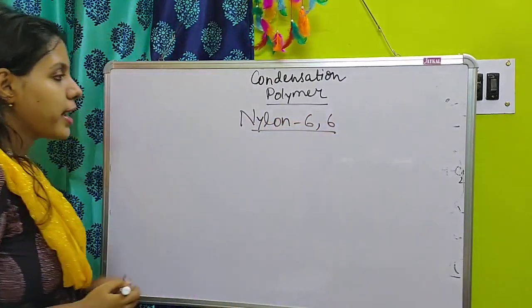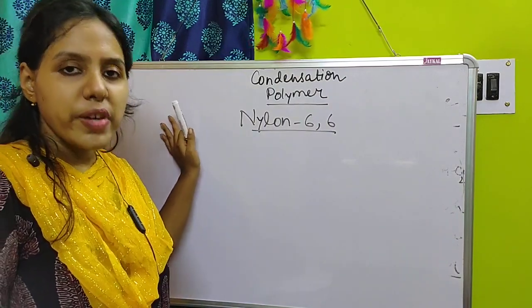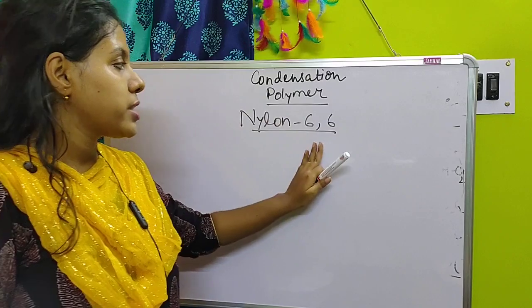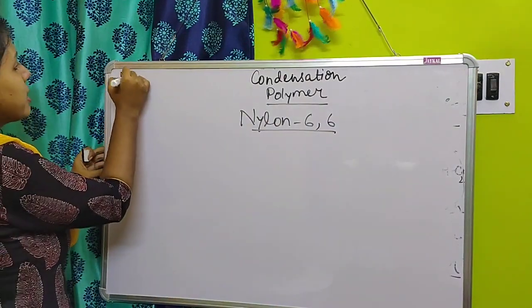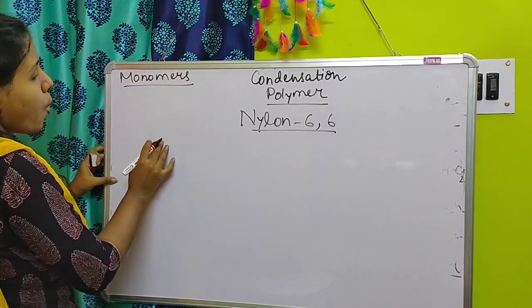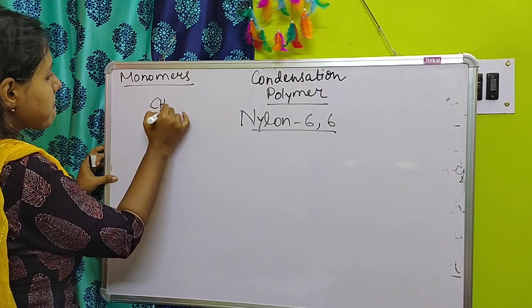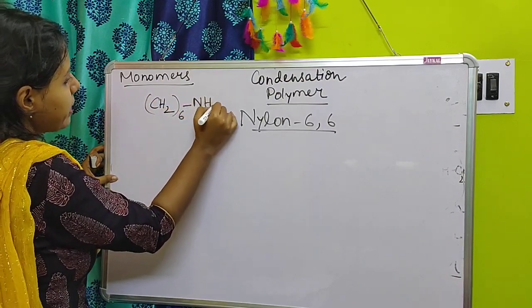Very important. First I am describing the monomers, and then I will tell why it is written 6,6. Here the monomers are: one is hexamethylene diamine.